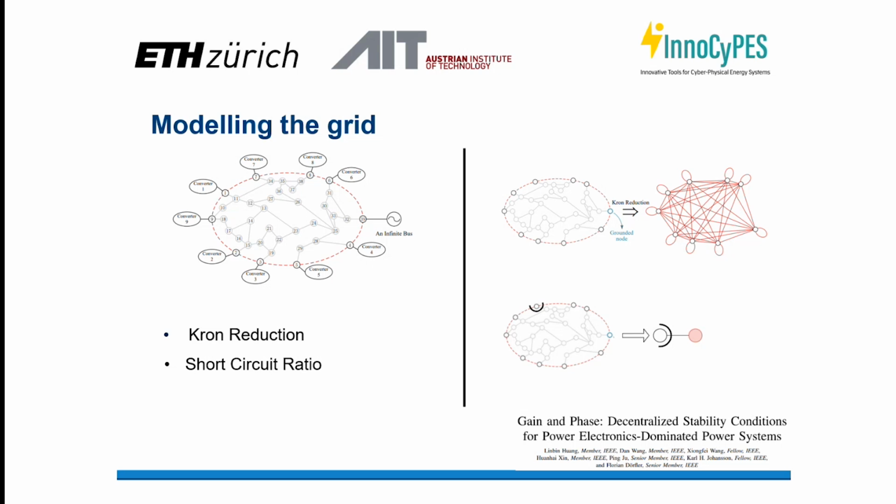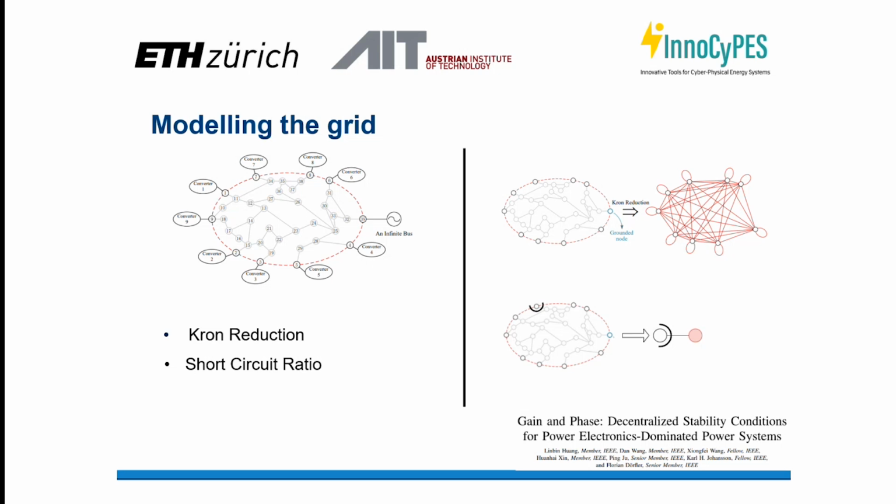And basically, we want to go from this to a reduction of it. In this case, we call this model a Kron reduction, but also we can go from the full model to a short circuit ratio. So basically two nodes.